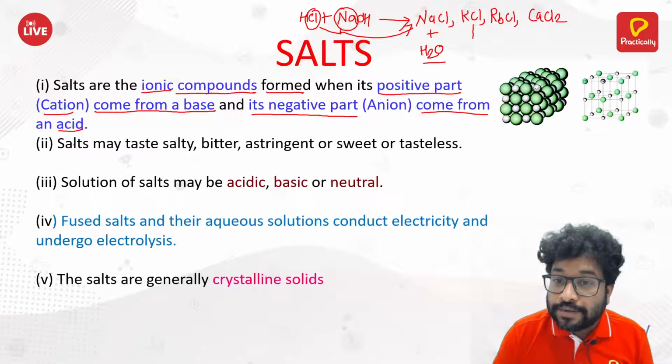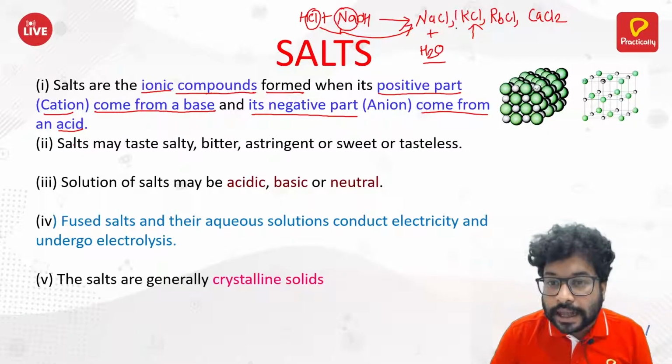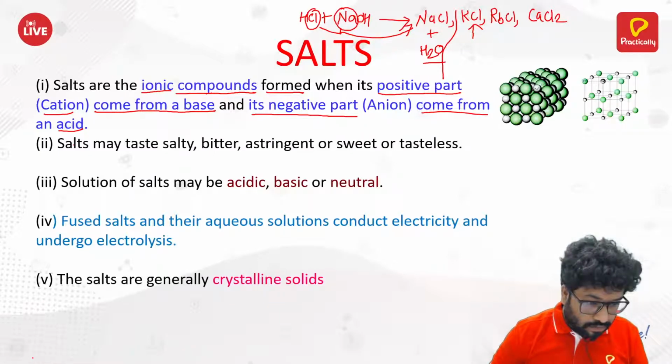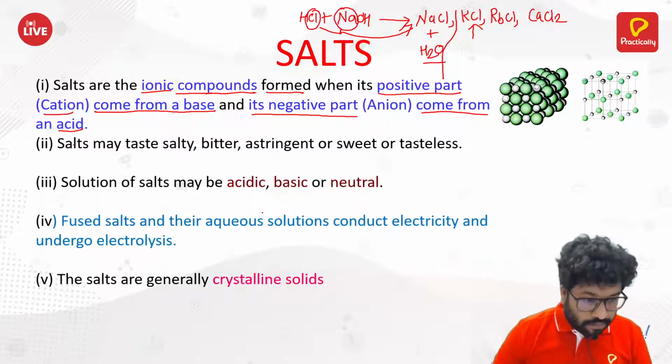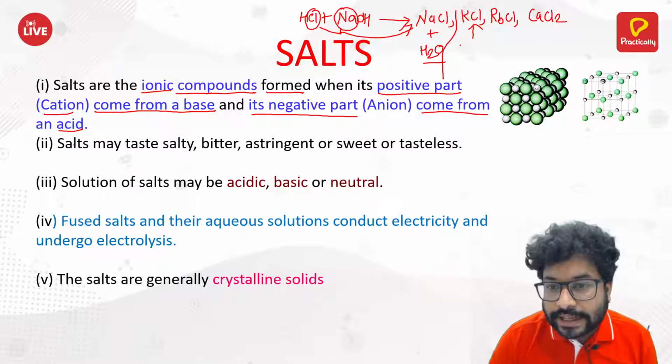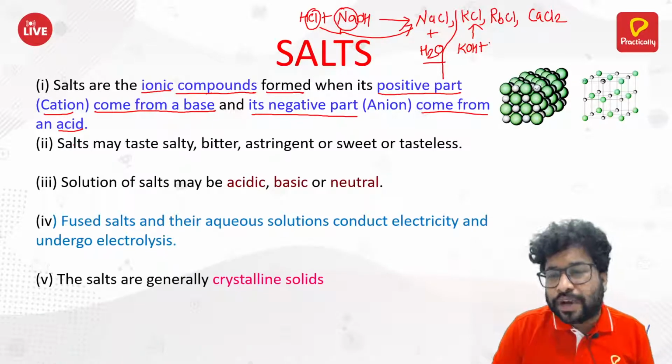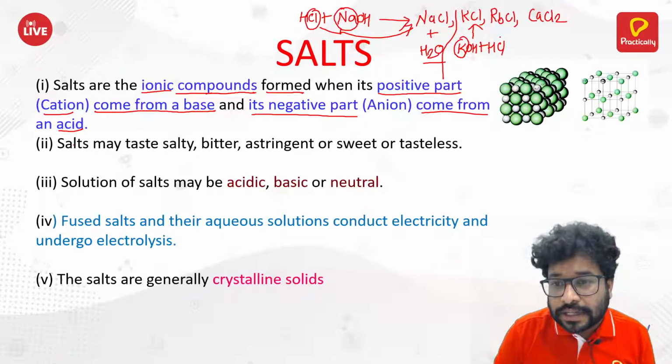Even KCl is made from KOH plus, for example, HCl. This is K plus and this is Cl minus.